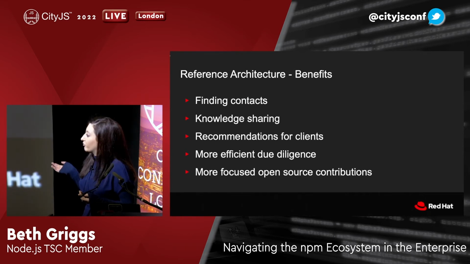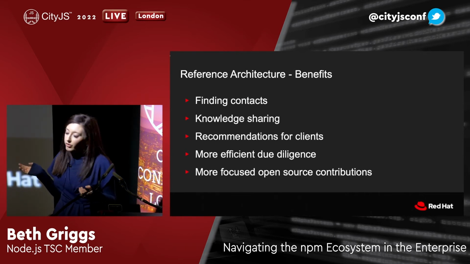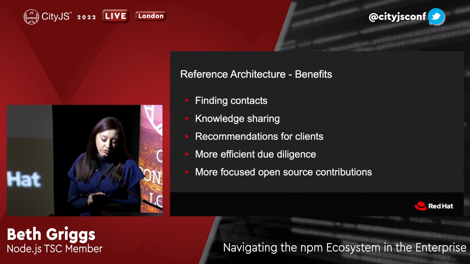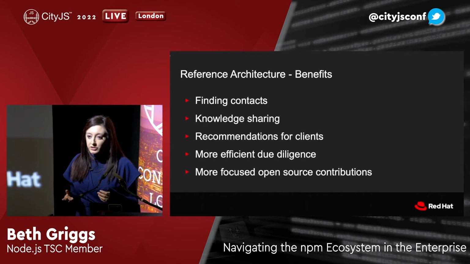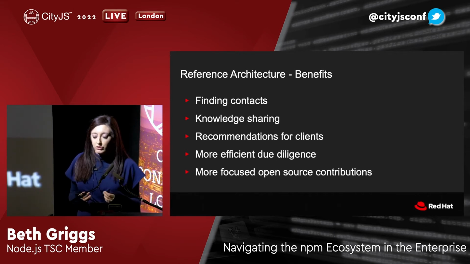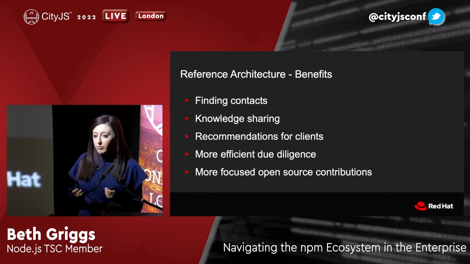And actually, my favorite benefit is the more focused open source contributions. So I know in a lot of orgs, developers can struggle to convince their companies to invest in open source, invest in their dependencies. And we found that by defining a narrow subset of defaults, that conversation is easier.